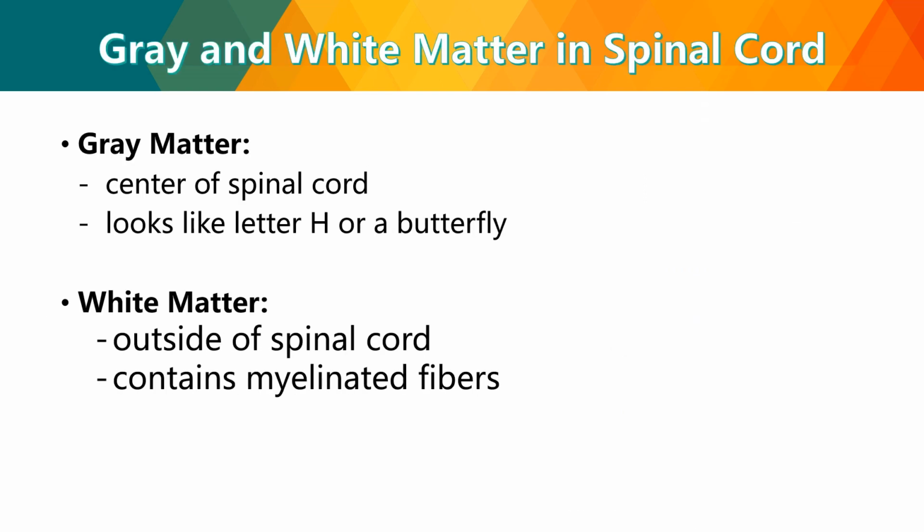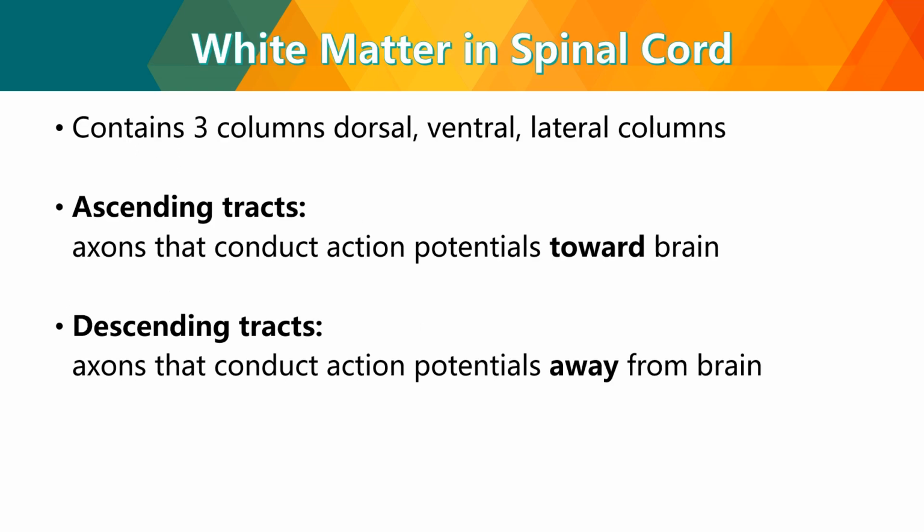So again, the gray matter and white matter in your spinal cord. The gray matter is the center of your spinal cord. If you check it under the microscope, it looks like the letter H or the shape of a butterfly. The white matter is found outside of the spinal cord and contains myelinated fibers.